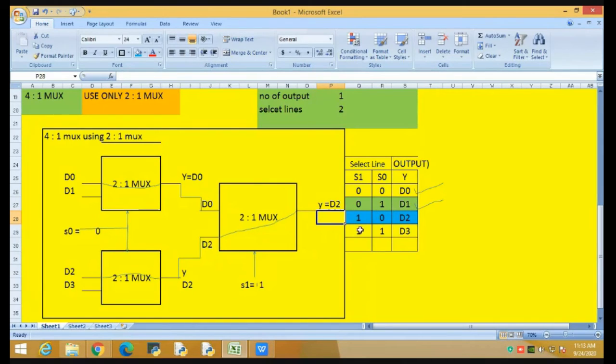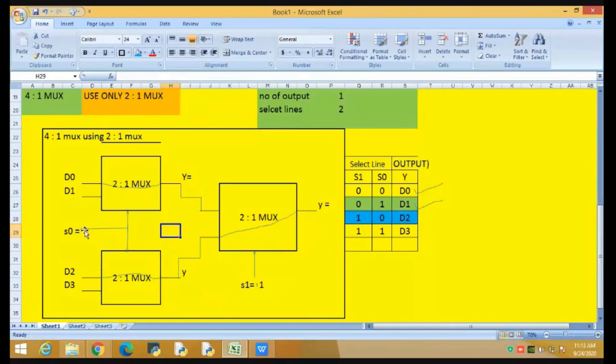Yes, sir. Now both are 1, 1. If S1 equal to 1, then it selects the second input, so the second input is connected to the Y. Now S0 is also 1.